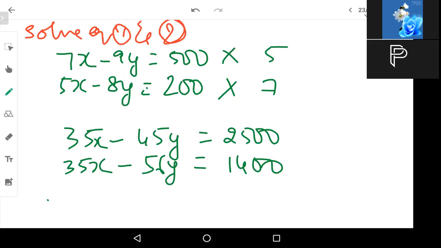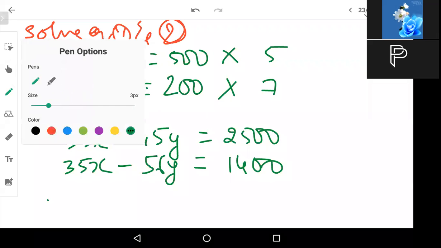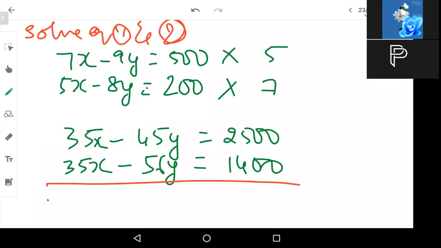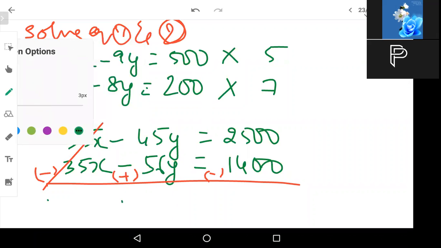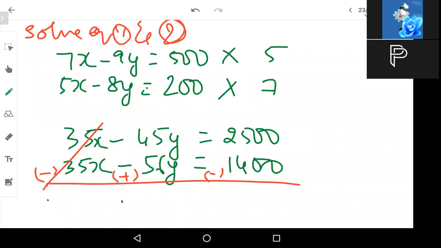Now find out the incomes and expenditure of A and B. Okay, everybody find the income and expenditure of A and B. So here it is minus, plus, minus. I'll eliminate the x terms. Then here I will get plus value.